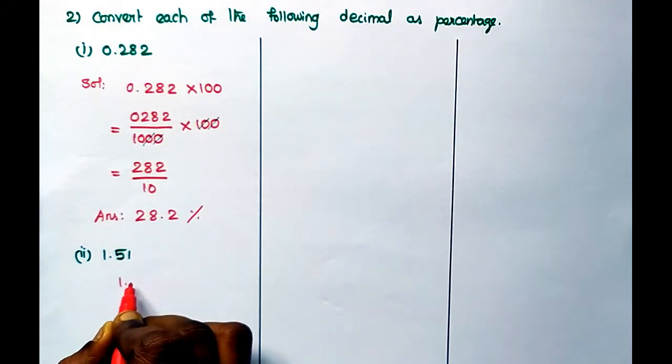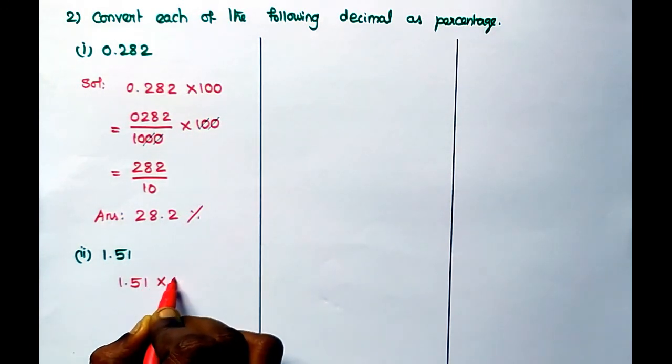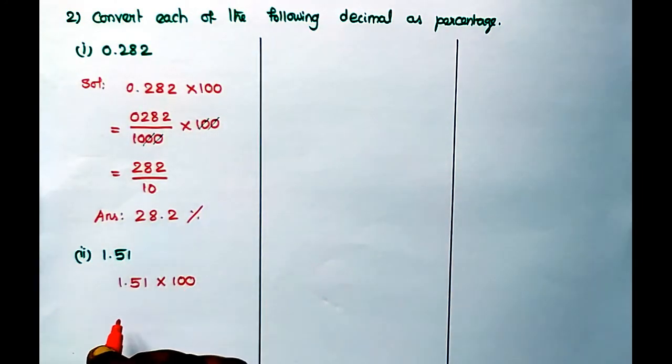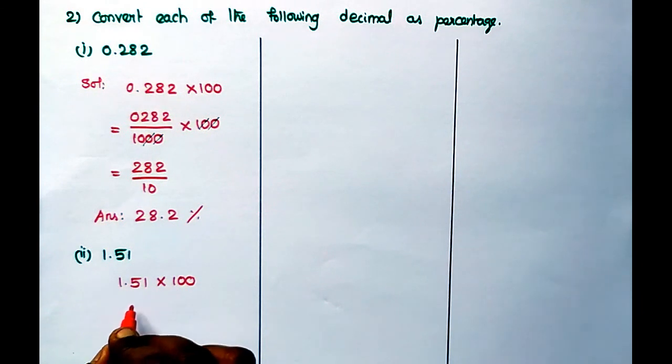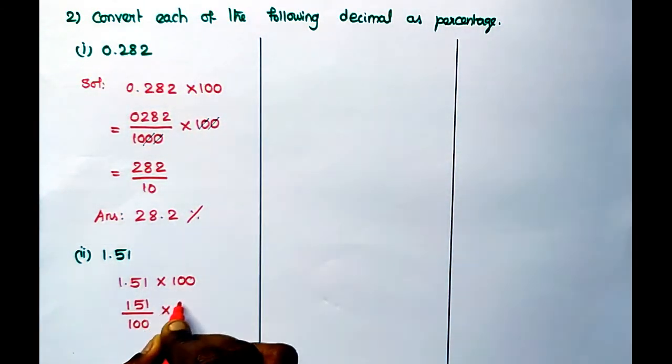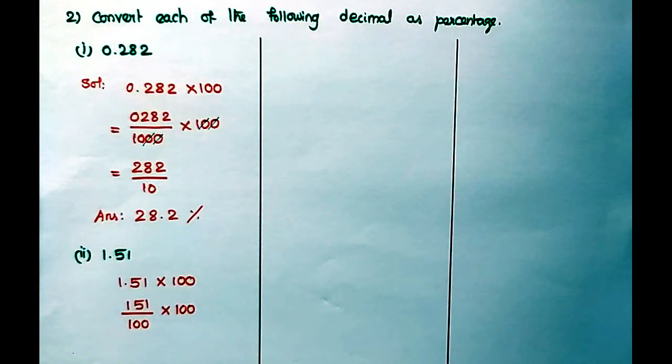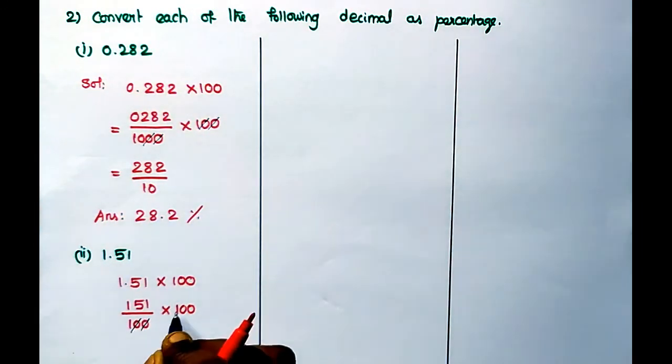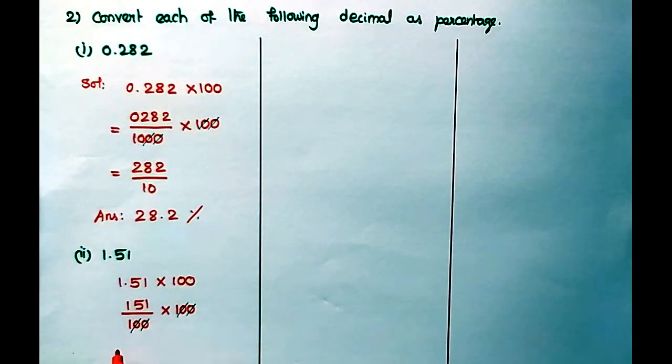Listen, 1.51 into 100. Now change the decimal: 151 divided by, after the decimal point 2 digits are there, so 100, into 100 already there, so cancel the zeros, means we get the answer 151%. That is the answer.